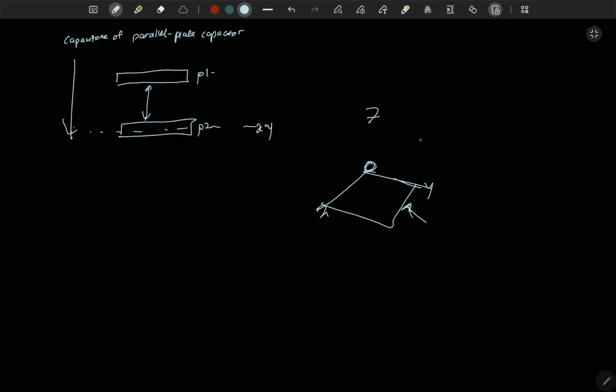So we put the metallic body here at the ground, and another metallic body somewhere above it. In the 3D diagram, Z is 0 underneath, and above, Z is something.